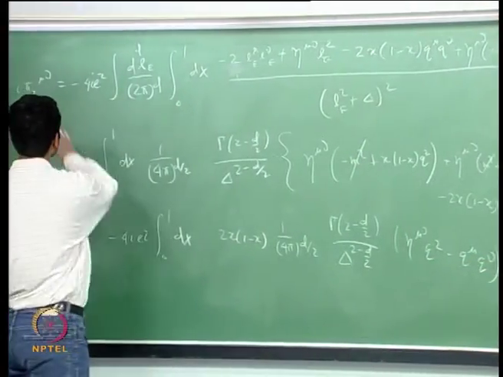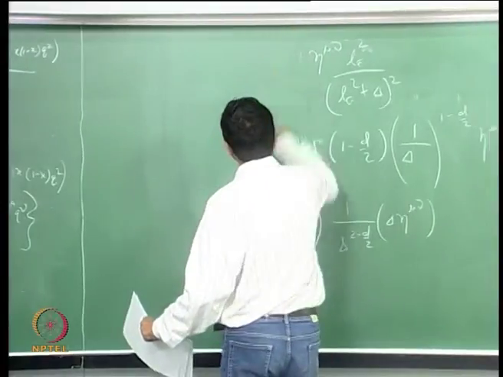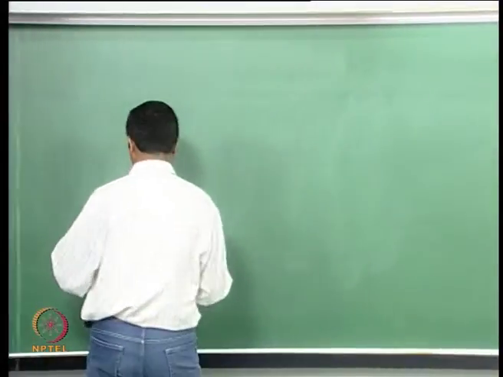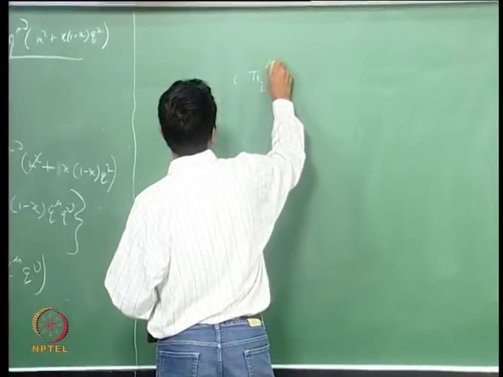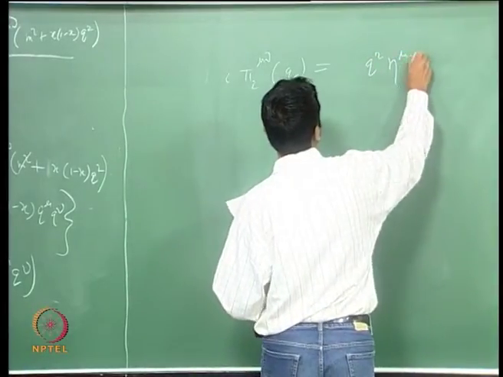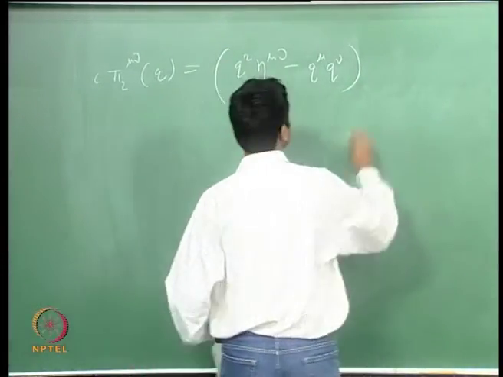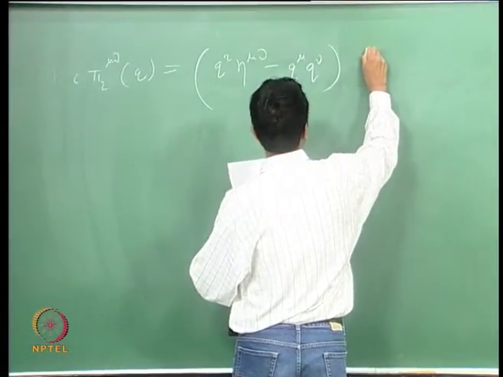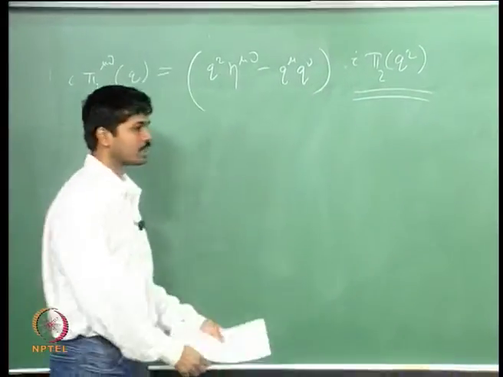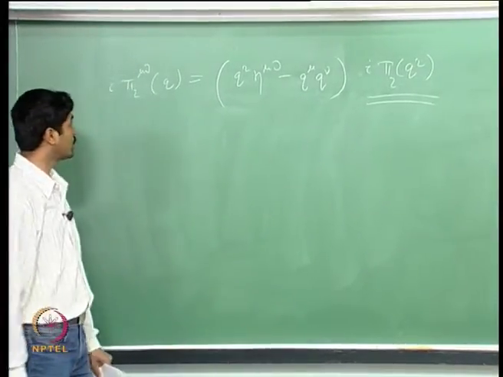So, what we got finally, when we did the dimensional regularization, is I pi 2 mu nu of q to be of this form, q square eta mu nu minus q mu q nu times whatever the remaining factors, that I will denote as I pi 2 of q square, and this is just a scalar quantity.